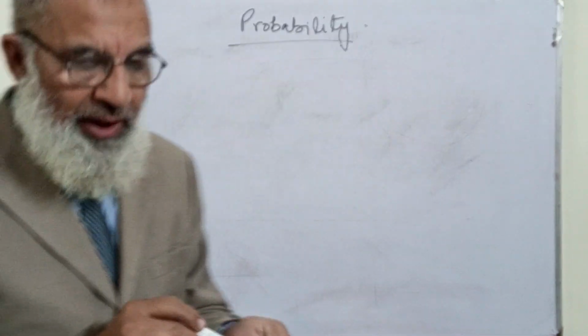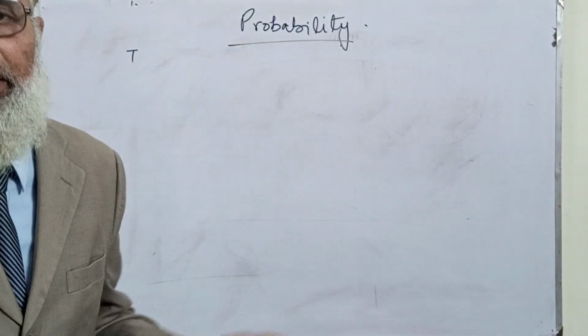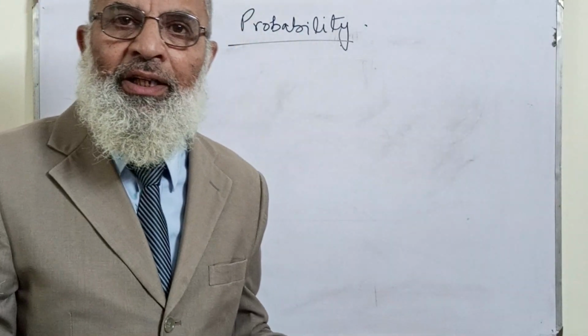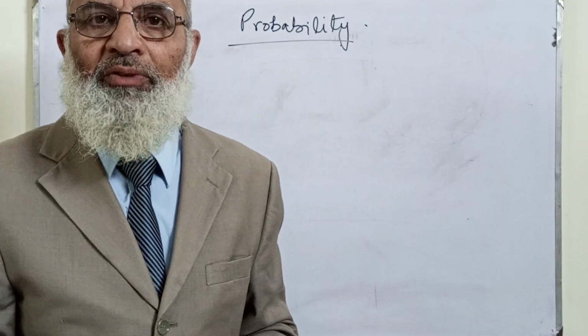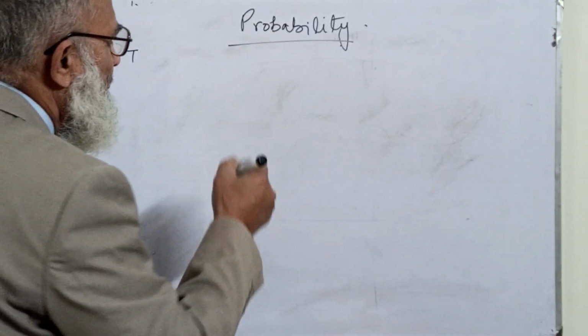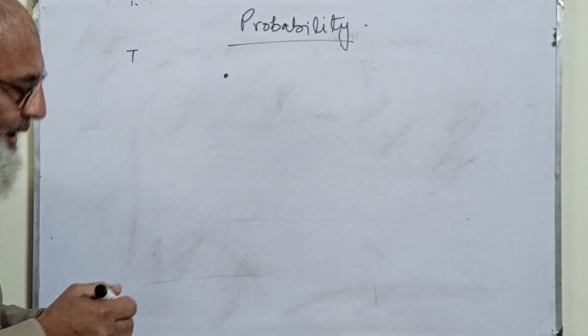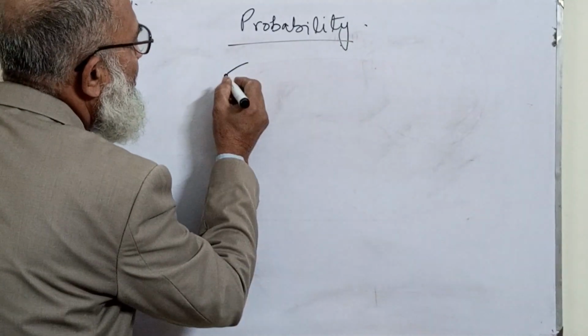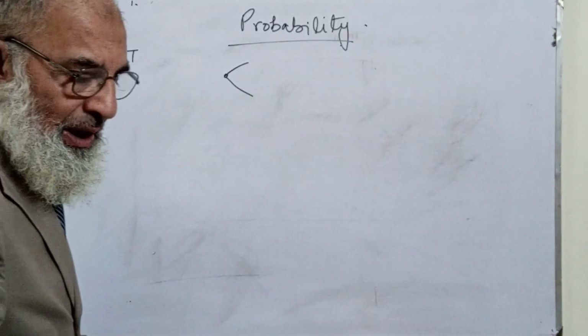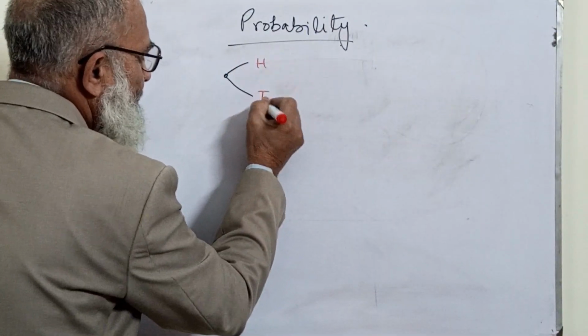Now, of course, if I do it once, either the tail will come or the head will come. There were two chances. In this event there are two chances, which are head or tail.